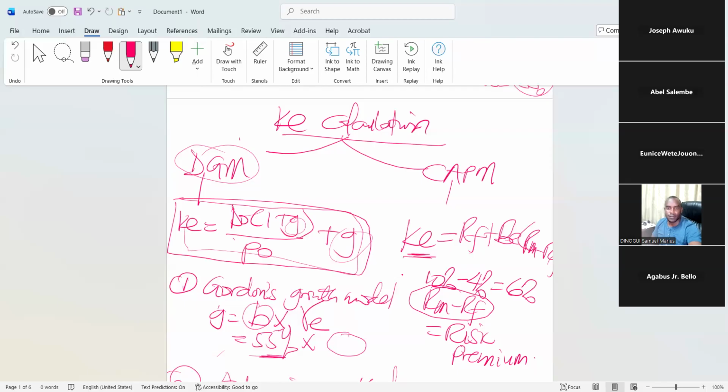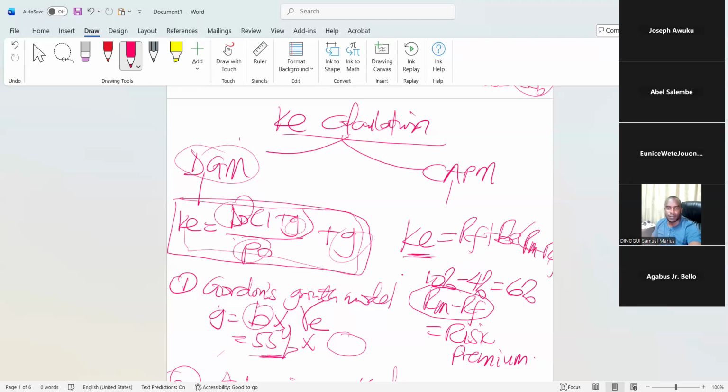So when you hear of risk-free, beta, and those things, you know, CAPM, you are here. I need to calculate KE. When you see that the examiner is giving you the dividends, the P0, then he wants you to calculate.